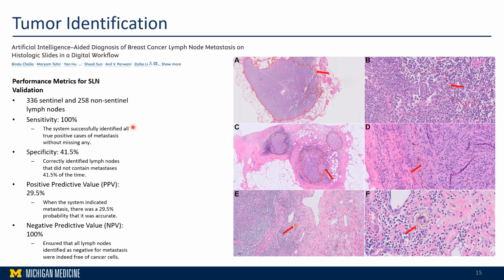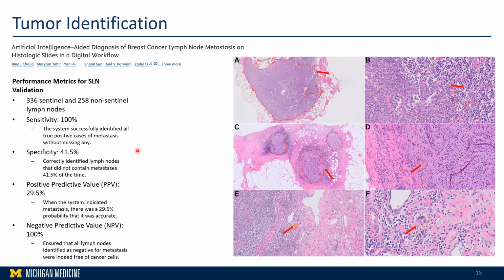The system achieved 100% sensitivity and negative predictive value for sentinel lymph nodes, ensuring that all true metastatic cases were identified without omission. Although specificity and positive predictive value, as you see here, were lower due to some false positives, that means the system really effectively ruled out all metastases.